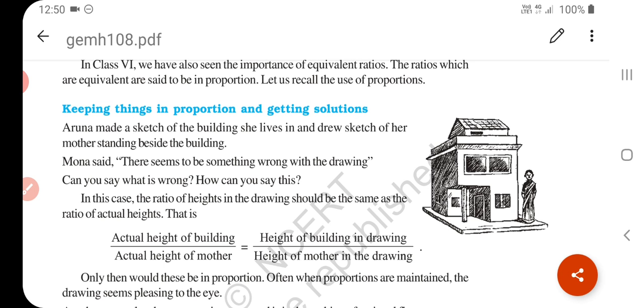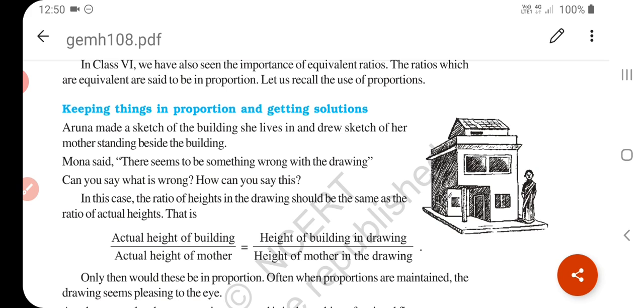See students, जब हमने बोला कि दो रेशो इक्विवेलेंट हैं या नहीं, that means अगर वो इक्विवेलेंट हैं, that means they are in proportion. Okay, understand? अगर दो रेशो इक्विवेलेंट हैं, so we can say that they are equivalent ratios, then they are in proportion.